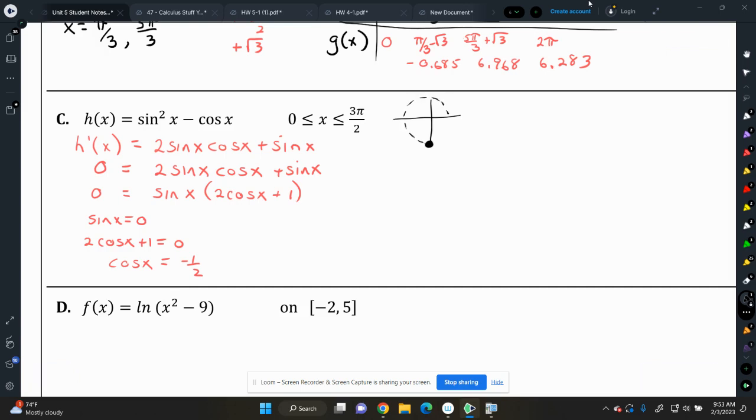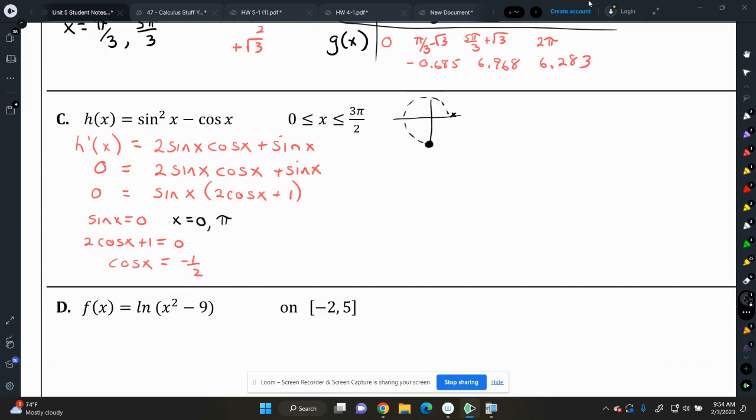So sine x of 0 is 0, right? Sine of 0 is 0, right? Did I do that right? Yes. 0 and pi.